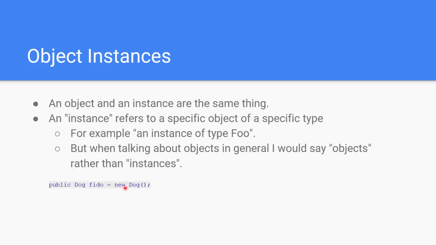So we're saying Fido is of type dog, and we're using the new keyword, and we're passing in the constructor for the dog class. So Fido will have all of the data that we just saw for dog, plus all of those methods available to it. We can also create another dog. Same data will be there, the values can be different, and the way that the methods are called can also be different.